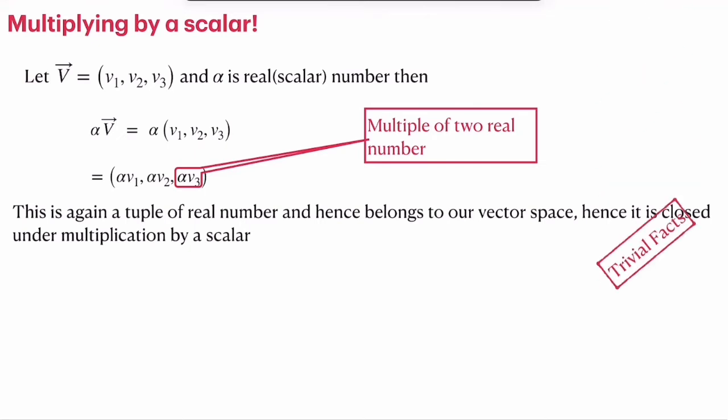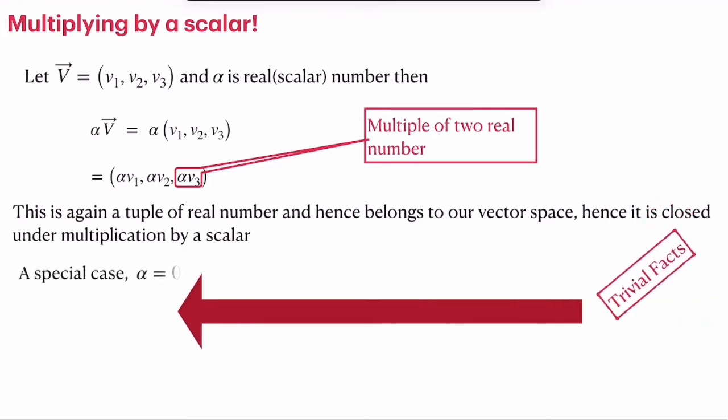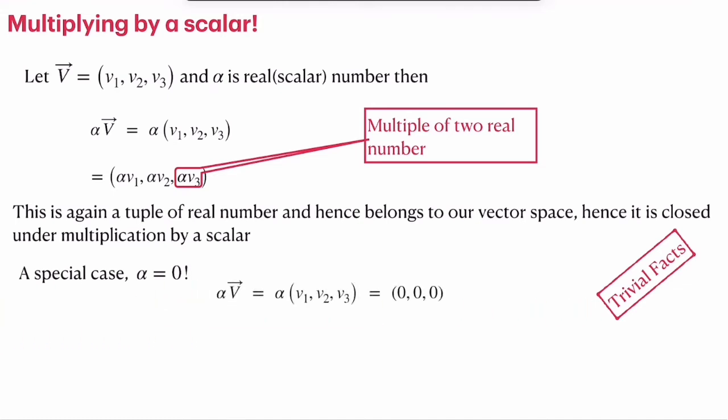Let's look at one of the trivial examples, the special case alpha is equal to 0. When we multiply any vector by alpha, it leads to alpha into V1, alpha into V2, and alpha into V3. Since alpha is 0, all these elements tend to 0, and this is our 0 vector.